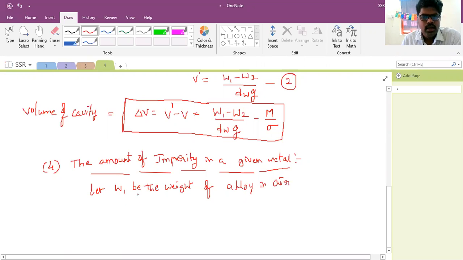And let W2 be the weight of the same alloy body in water.